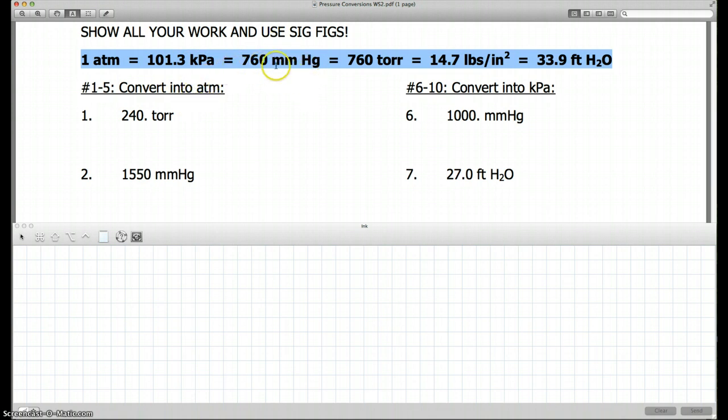mmHg stands for millimeters of mercury. The way barometers work is basically a big long tube of some sort of liquid in a dish of liquid, and when the atmospheric pressure pushes down on the dish, it pushes the liquid up into the tube. If it's a low pressure weather system coming in, it won't push down on the dish as much, and the level in the tube will go down.